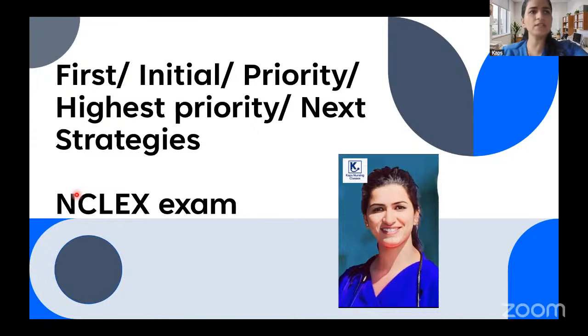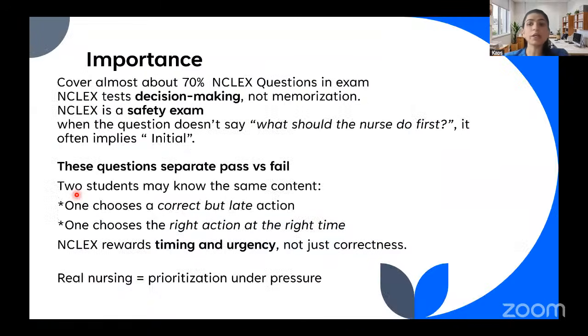So this class is going to be very interactive because you are going to participate here together with me, answering some questions as well. But before we practice the questions together, let's try to understand why these questions are important. Not just for your exam, but also in real life practice.